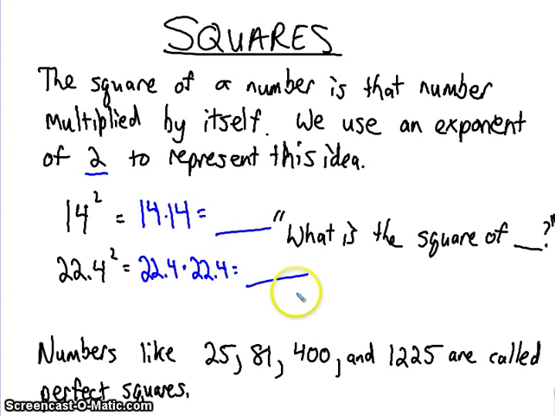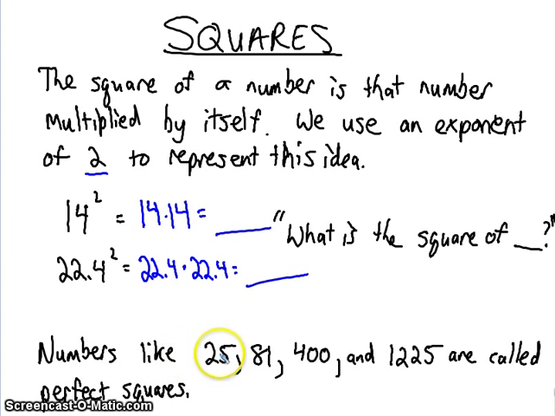Okay, so it's a simple concept, it came from the concept of the area of a square, side times side. So if we want to square a number, we're going to take that number multiplied by itself. Now the result, if the answer came from a whole number multiplied by itself, it's called a perfect square.